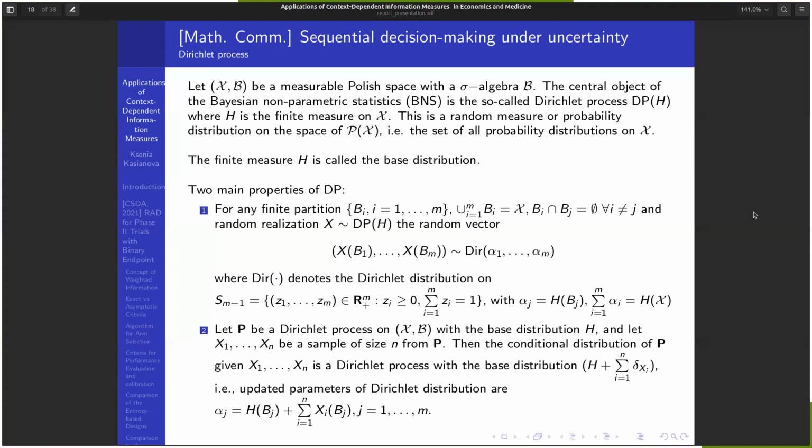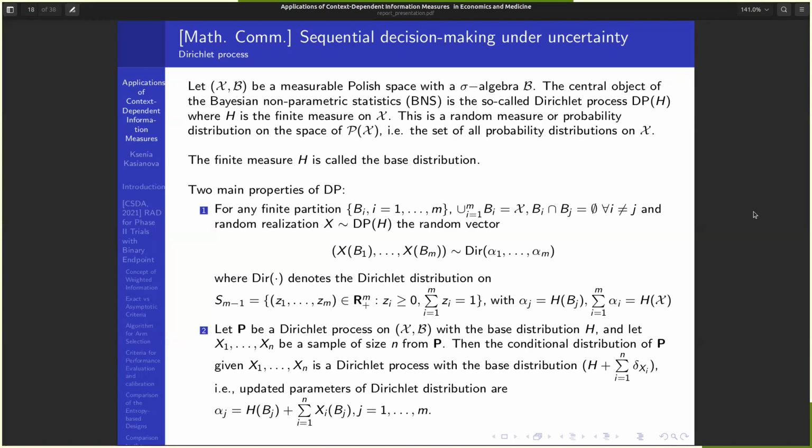And also, if we update the parameters, if we add new observations, this process will still follow the Dirichlet distribution. The realizations of this process will still follow the Dirichlet distribution.